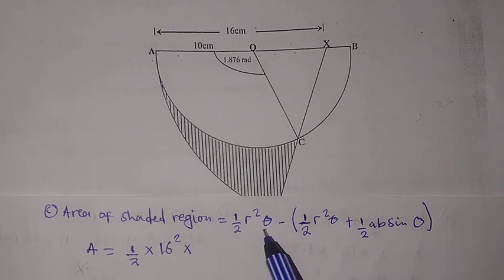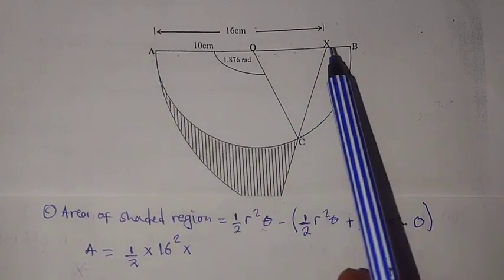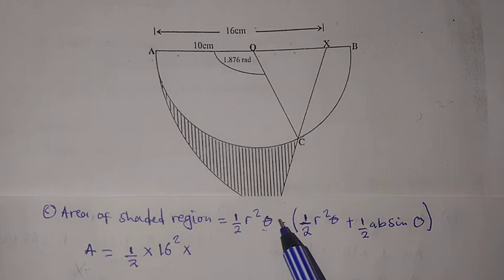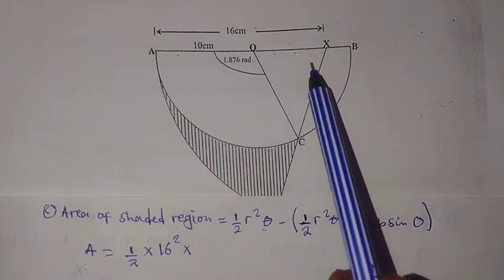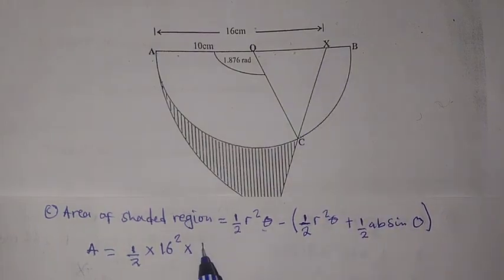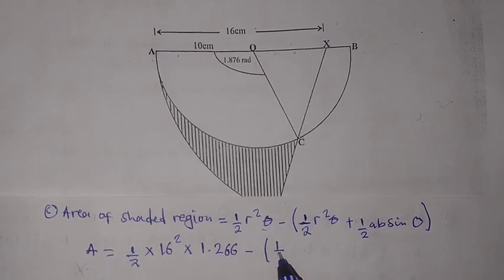Because we are saying AXD, the theta that we have found, this angle right here, which was 1.266.